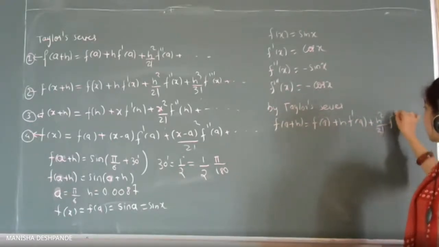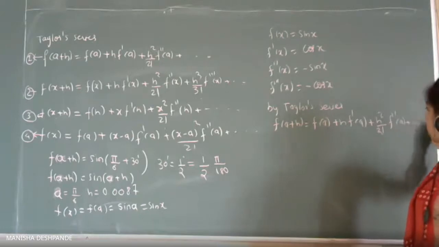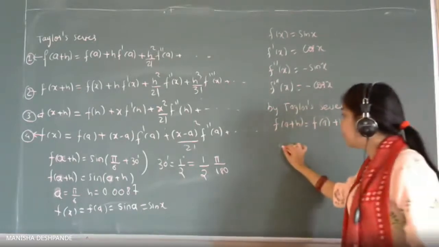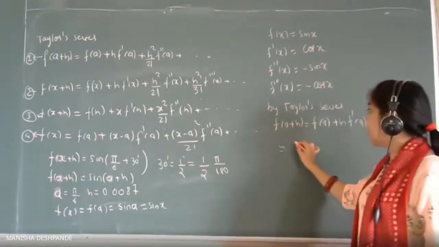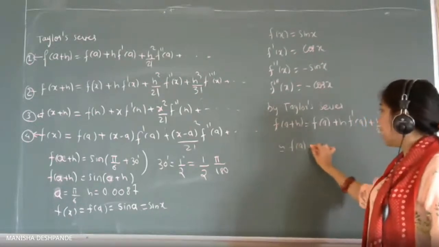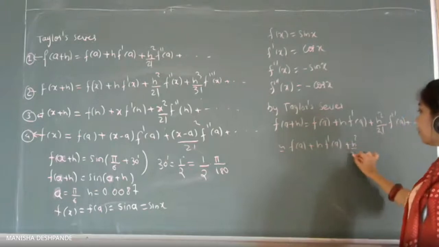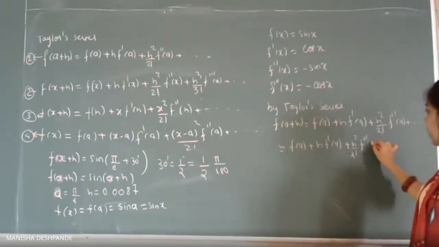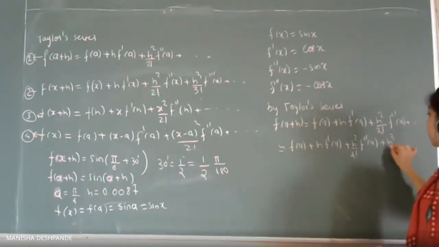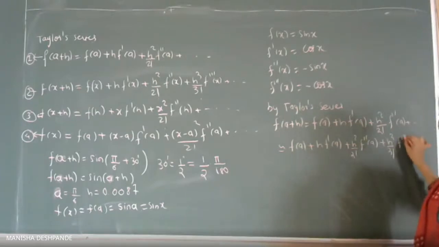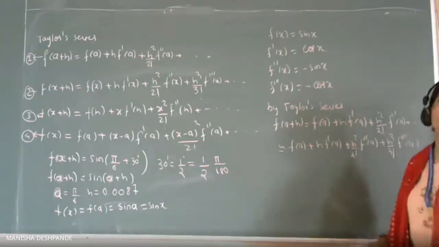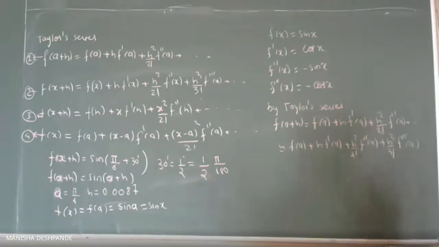I approximate it to f of a plus h times f dash of a plus h square by 2 factorial f double dash at a plus h cube by 3 factorial f triple dash at a. I am not going to use the remaining terms ahead because they are becoming closer and closer to 0. Is it okay?